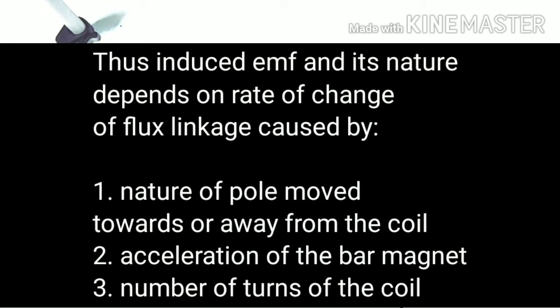When we move the magnet in or out of a coil, the needle gets deflected in different directions. Another thing we observed, when we insert the north pole of the bar magnet into the coil, the needle gets deflected in a particular direction, whereas if we insert the south pole, the needle deflects in the opposite direction.